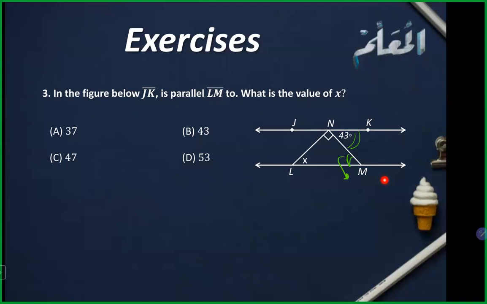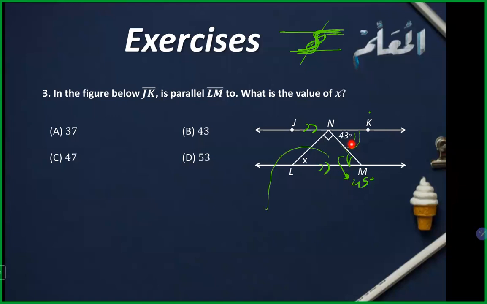Why? We call this alternate interior angles. You know, these two lines, the S or the Z. So this angle is equal to this angle, because we call them alternate interior angles. So yes, if this is 43, this is 43 because this line is parallel to this line. What's next? So in this case, I'm having now in this triangle, three angles.